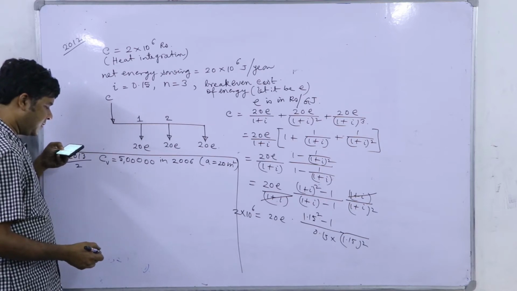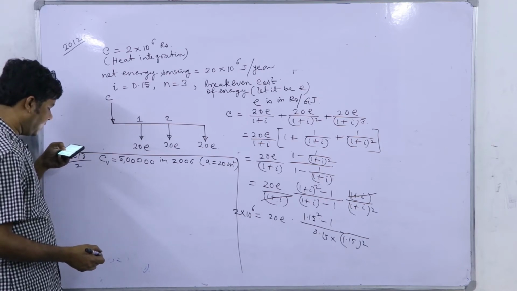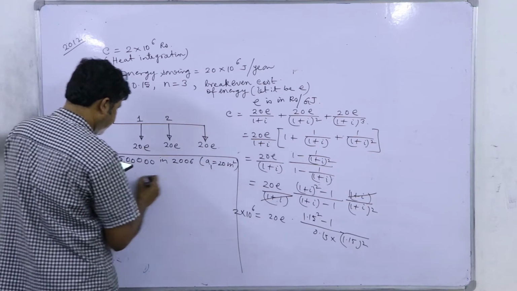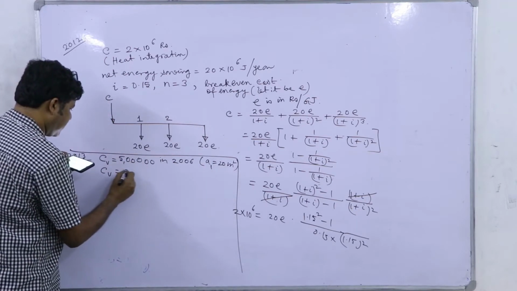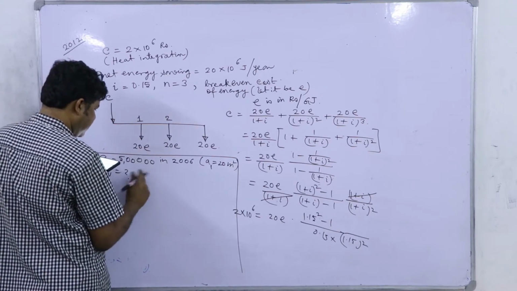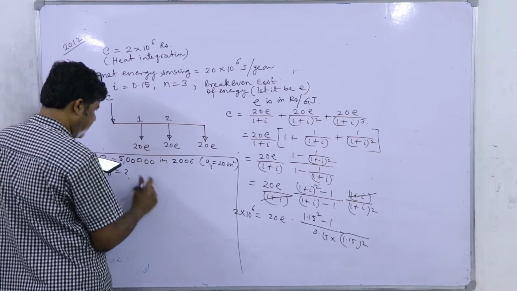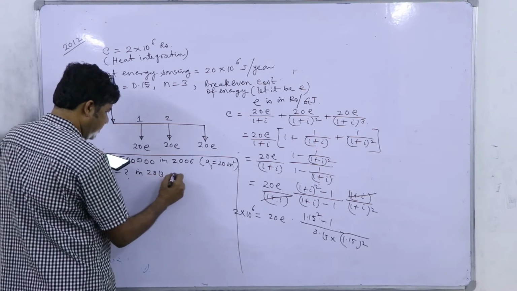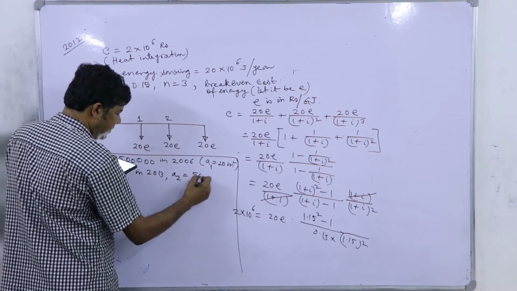What will be the estimated cost in rupees, to the nearest integer, of a similar heat exchanger? So, A1 is this. What will be the procurement cost of this in 2013, where the area is 50 meters square?